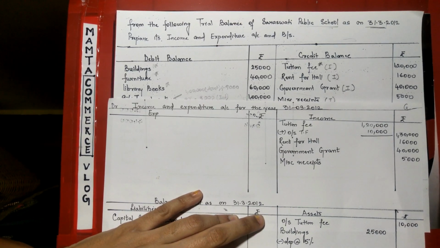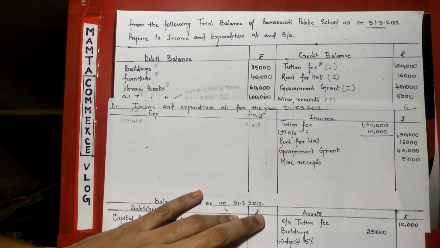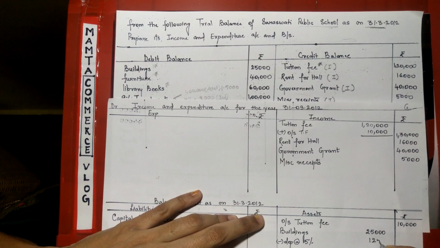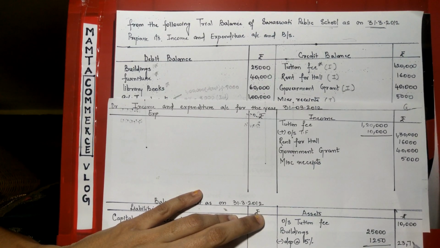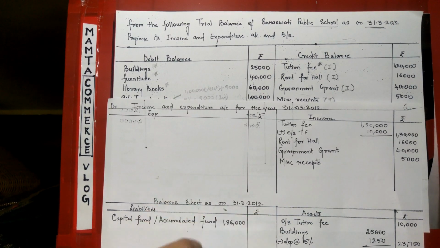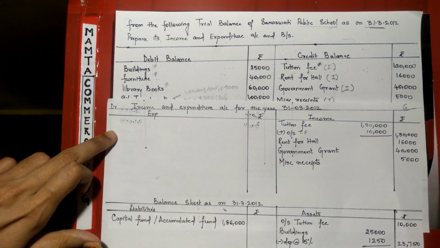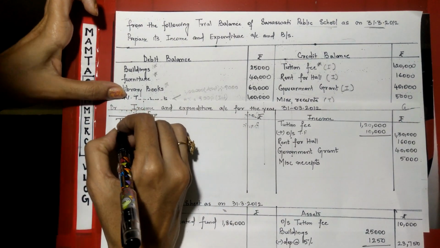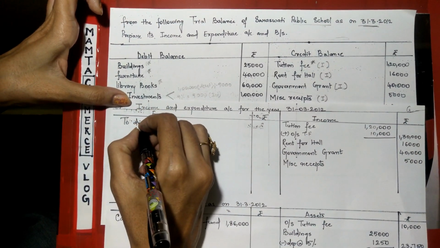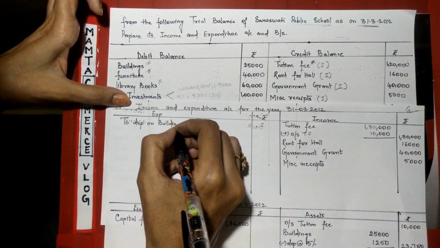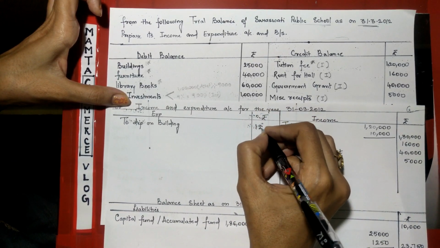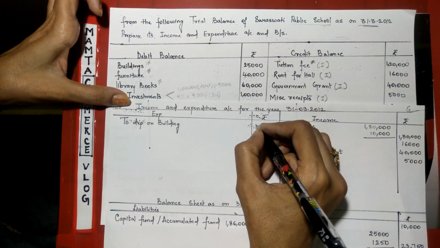So 5% of 25,000 is 1250, and the remaining value is 23,750. We will write the dual effect of this on the expenditure side. So here I am writing to depreciation on building, and the amount is 1250.